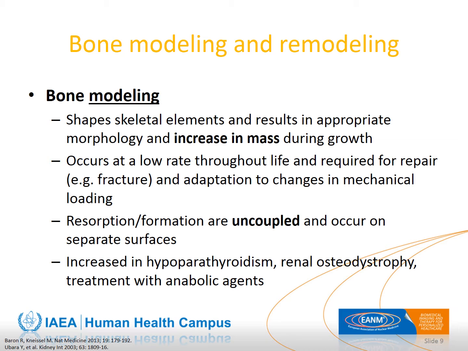Bone modeling occurs at a low rate throughout life and is required for the repair and adaptation to changes in mechanical loading. Characteristically, bone resorption and formation are uncoupled and occur on separate, often opposing surfaces of the bone. Disease states that are characterized by increased bone modeling include hypoparathyroidism, renal osteodystrophy, and during the treatment with anabolic agents.